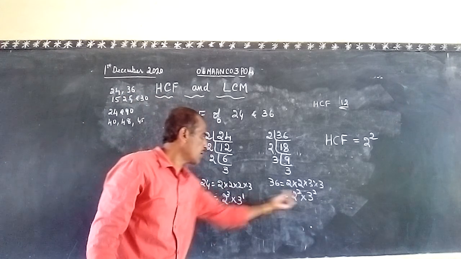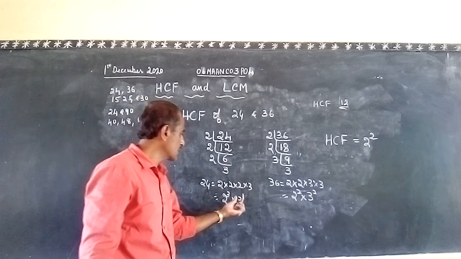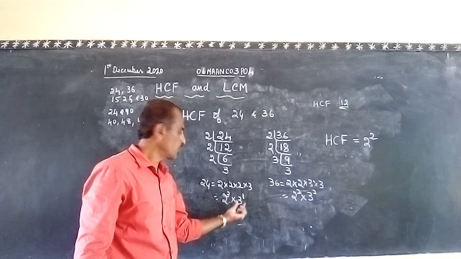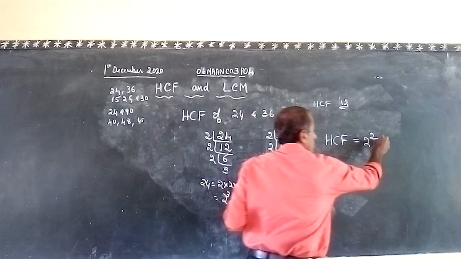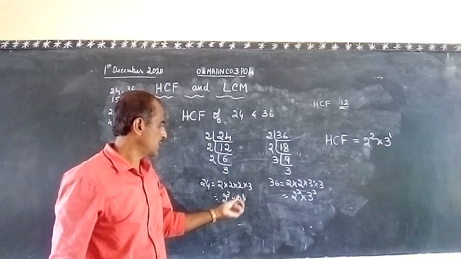And 3 is also a common factor, here also and here also. Where is the power least? Here it is 2, here it is 1. So you have to take this one: 2 to the power 2 into 3 to the power 1. Like this you have to take.